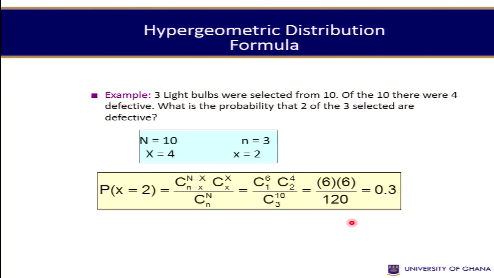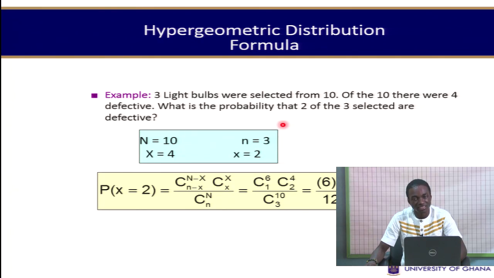So we have a population of size 10, and out of the population of size 10, there are 4 defective bulbs. I pick a sample of size 3 light bulbs from the 10, and I'm interested in finding the chances that I'll get 2 defective bulbs out of the 3 selected ones.